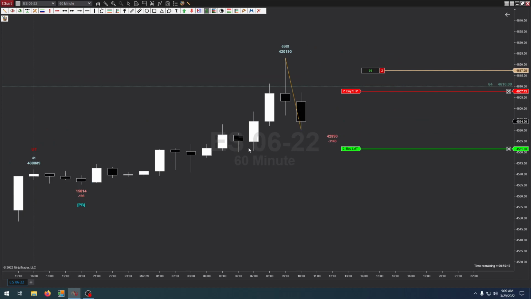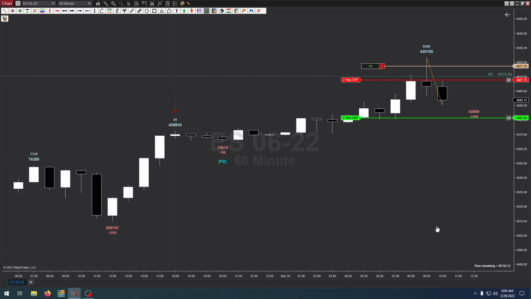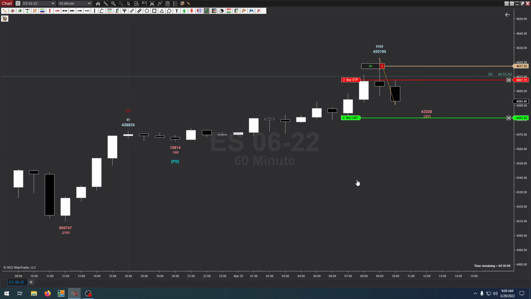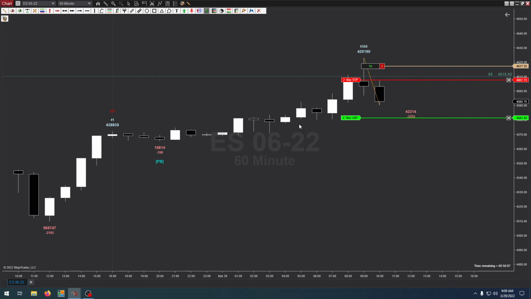That's why I moved it to here. Even though this right here does not have a swing printed, 80.75, this is still a fractal right here. And that's why I moved it there.